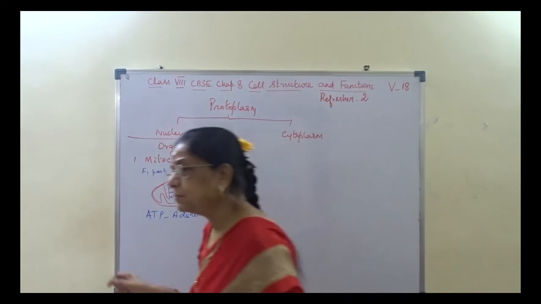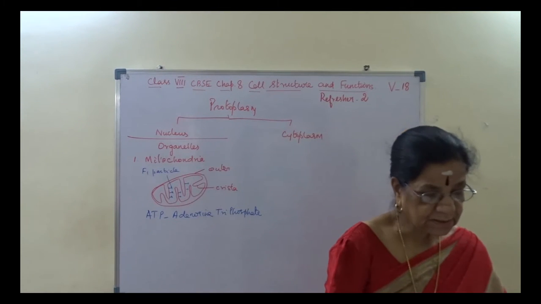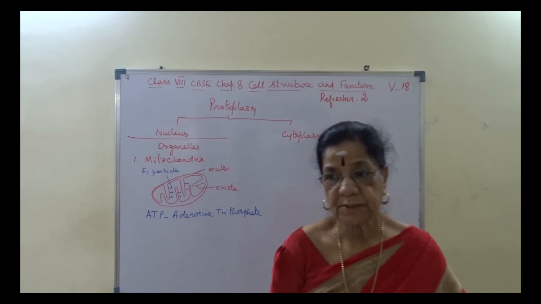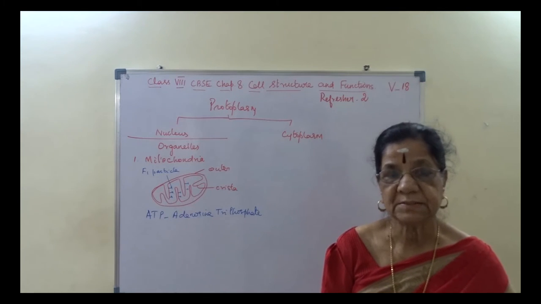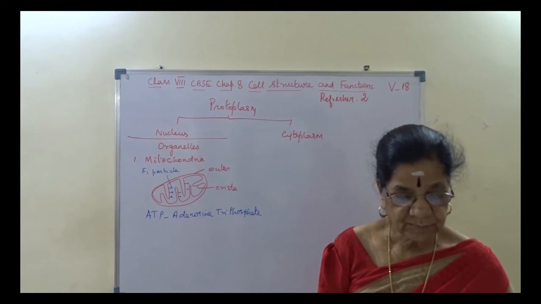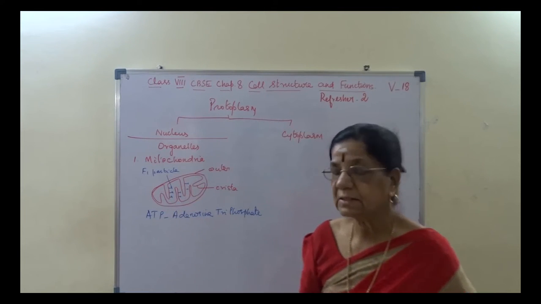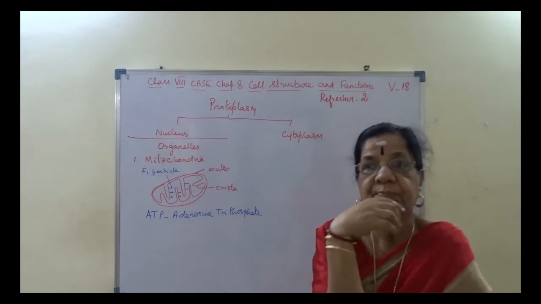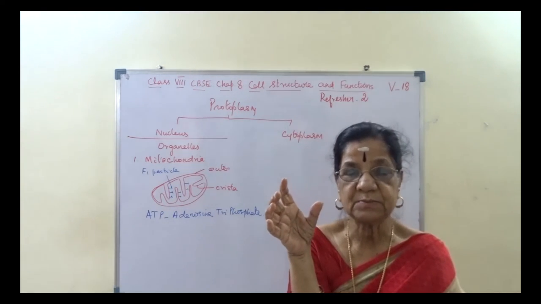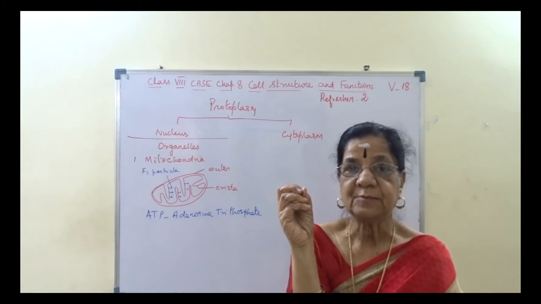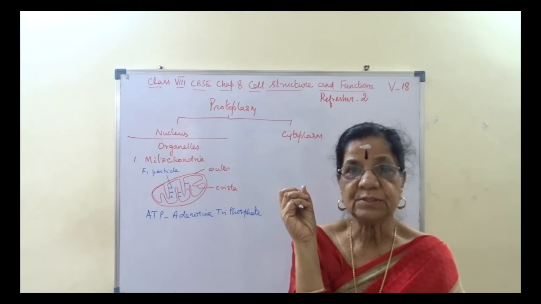Okay. So this F1 particle can generate energy. I hope you understand this. Then the area inside the inner membrane, the space, is called the matrix. I repeat. Now we say the cell has a nucleus and cytoplasm. This cytoplasm gets different names in different places of the cell.